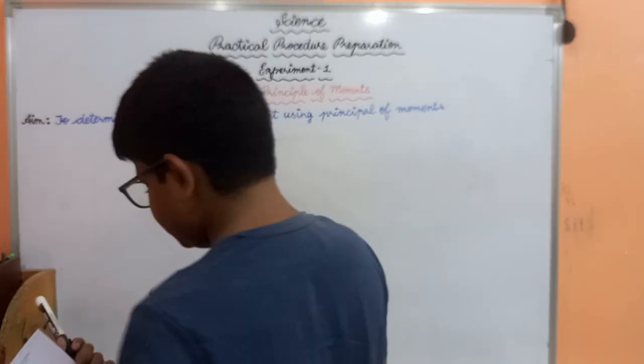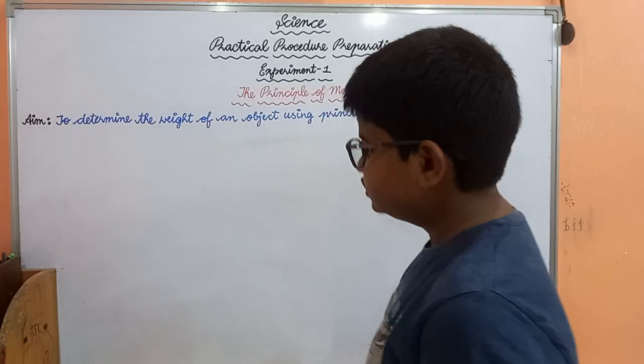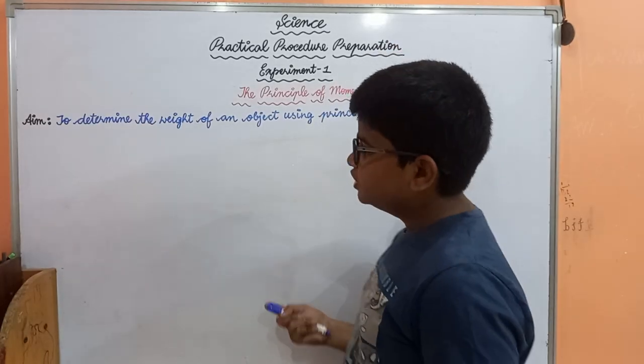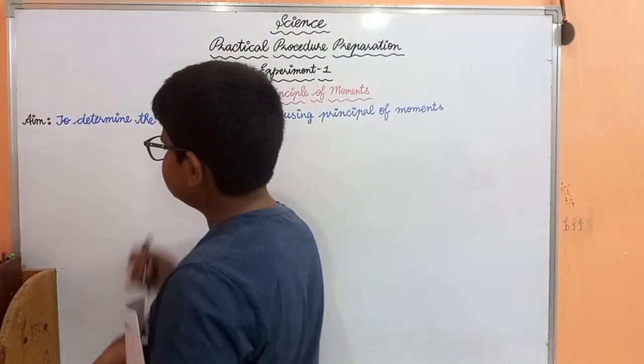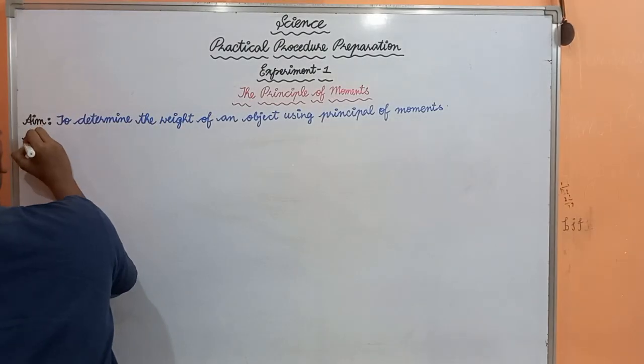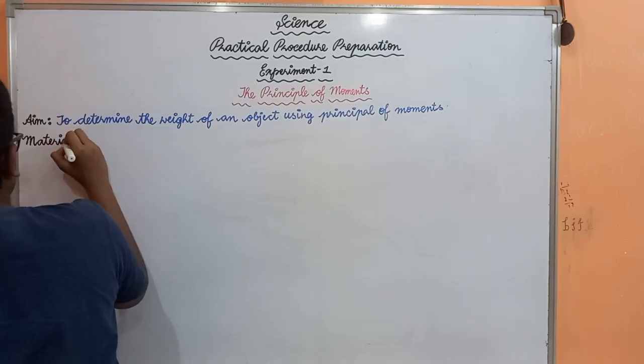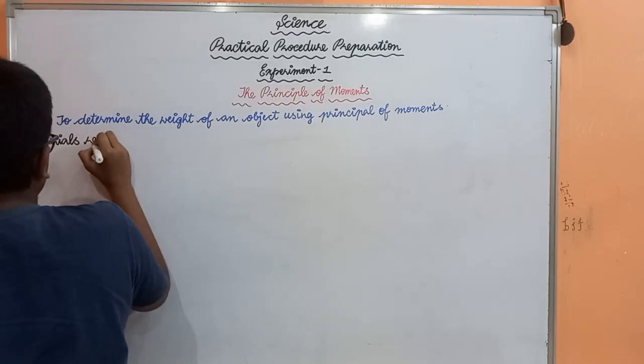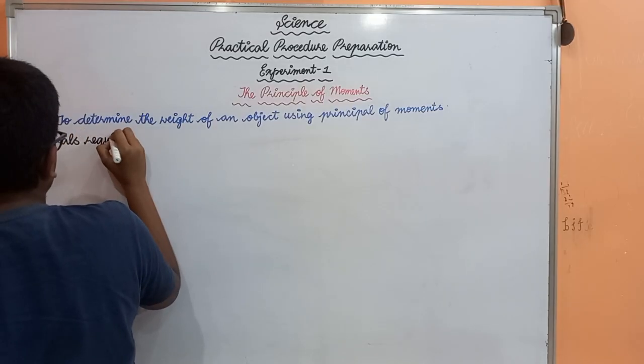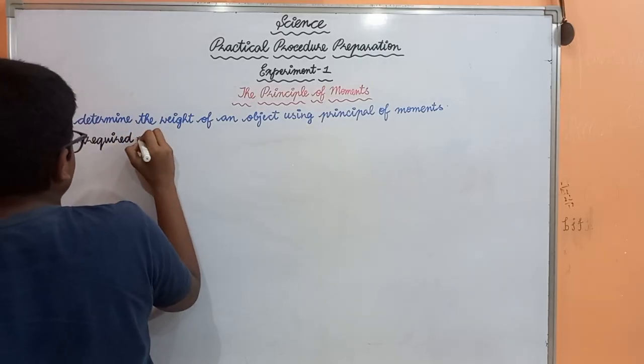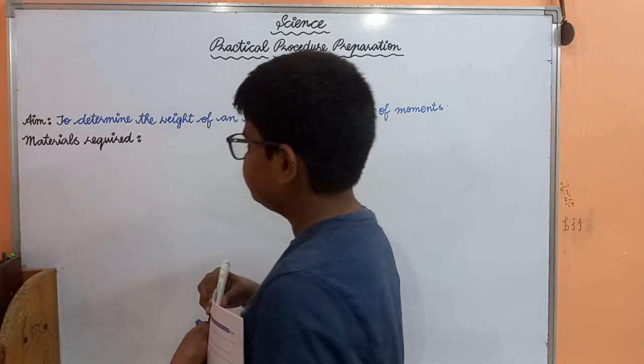So in your book, they have already given the diagram. In the diagram, you can see what are the things required. So for materials required, what will you be needing if you look at the diagram?